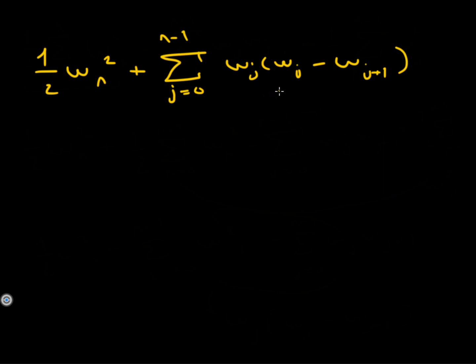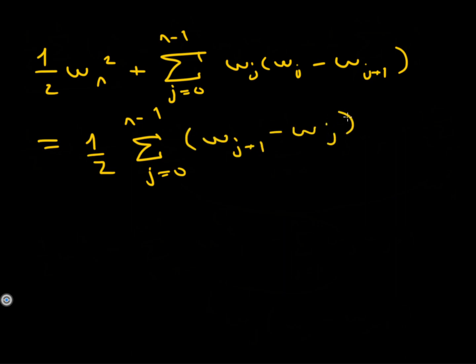However, our Ito integral, if you remember, was wj plus 1 minus wj. So what was this equal to in the first place? This was equal to 1 over 2 summation from j equals 0 to n minus 1 of wj plus 1 minus wj squared.